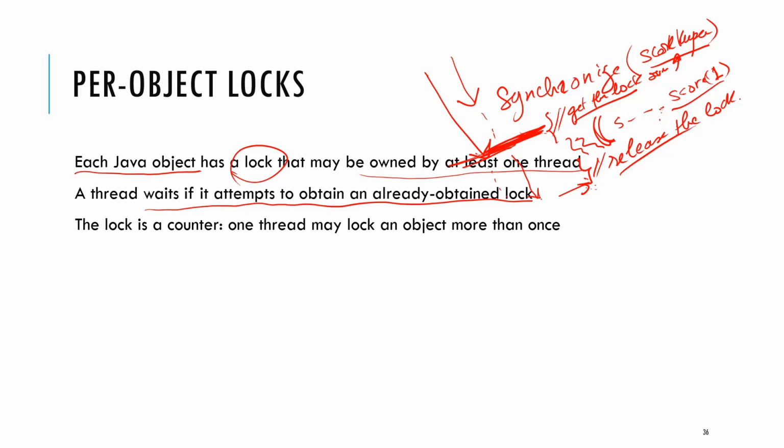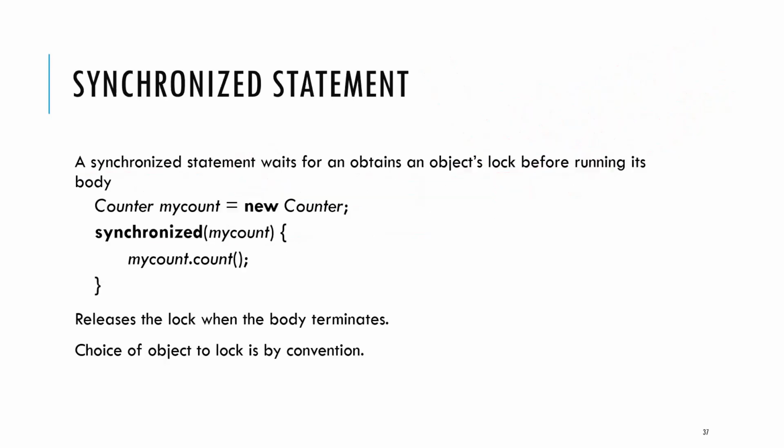The lock is typically a counter, so one thread may lock an object more than once. Each time it's locked, no other threads will come in, and once the lock has been released, another thread can take it. This is why we call this a synchronized block and pass any variable to it, as I told you before, calling a function in it.